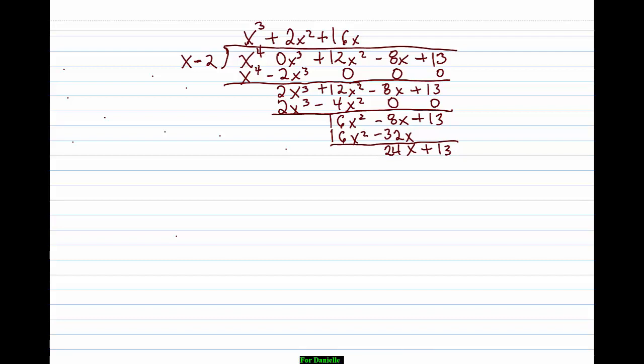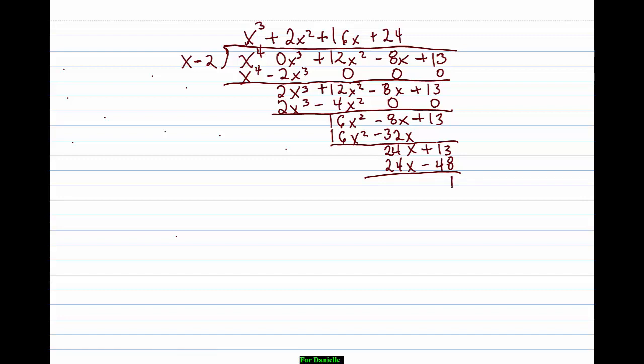Same game again. We're going to place a 24 up here because 24 times x is 24x. 24 times negative 2 is negative 48. 24x minus 24x is nothing. 13 minus negative 48 is 13 plus 48.